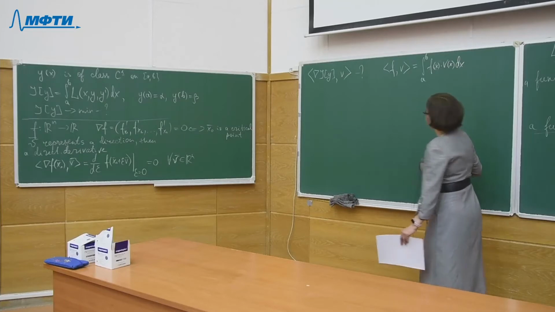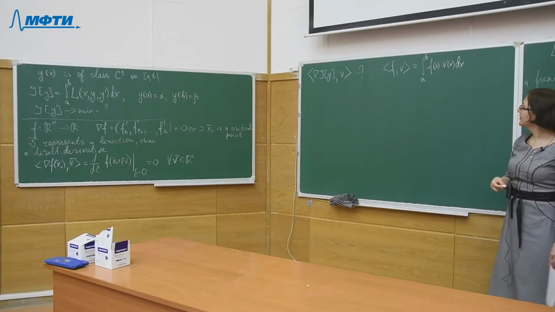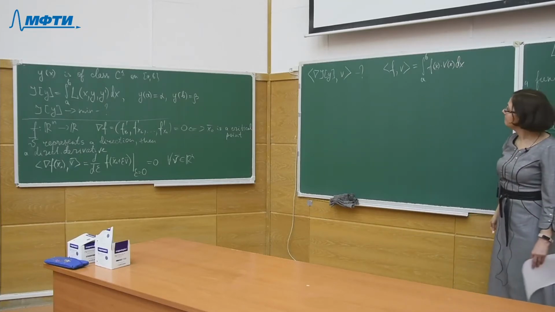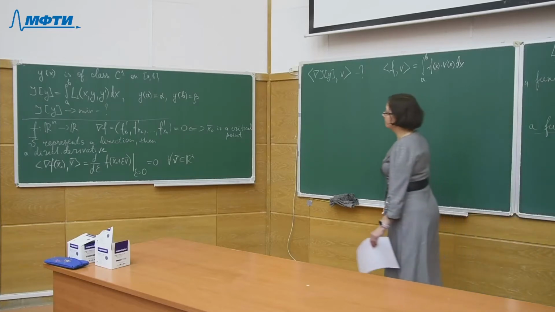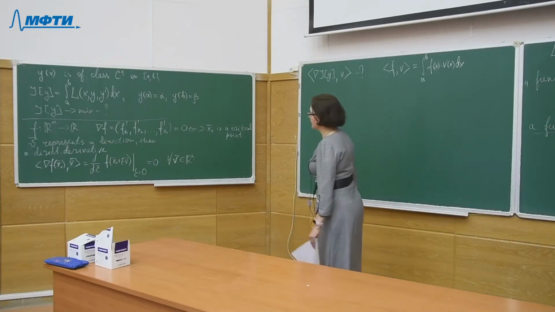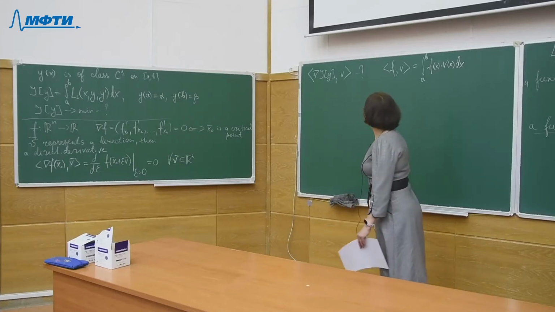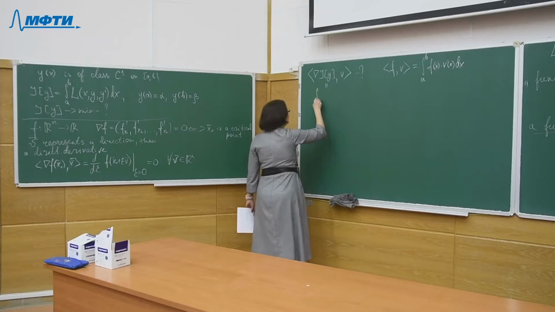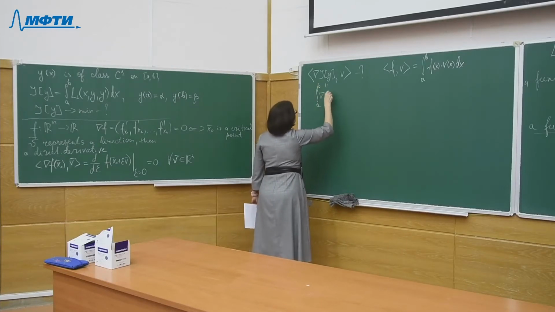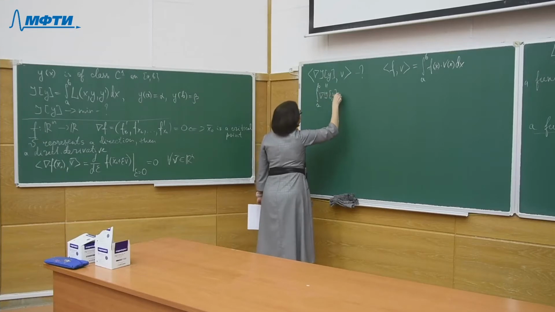So this is the inner product, and it will be defined as the integral from a to b of nabla J of y times v dx.